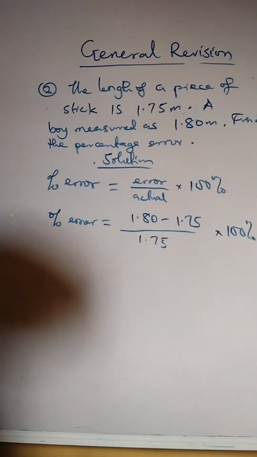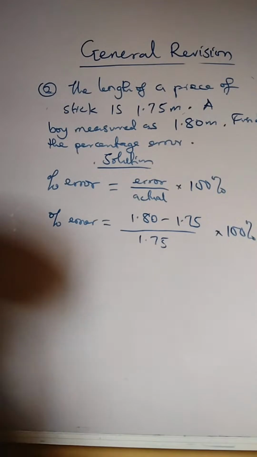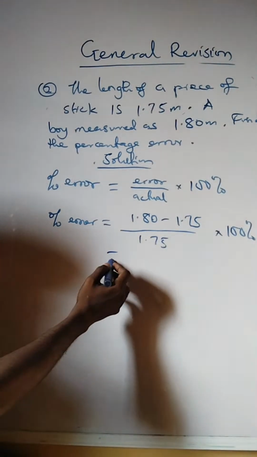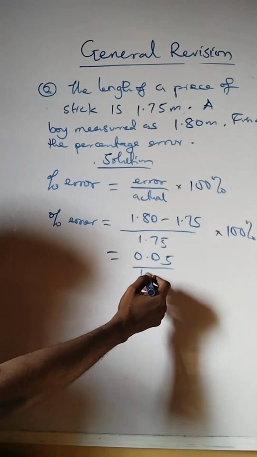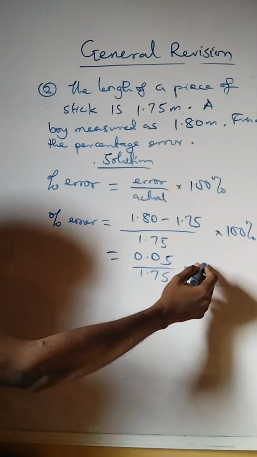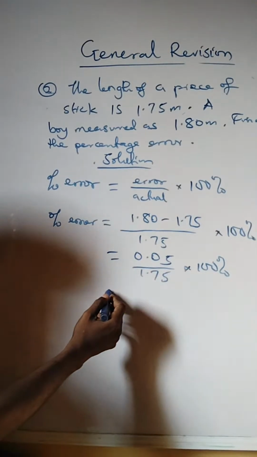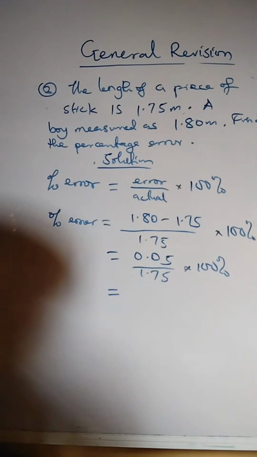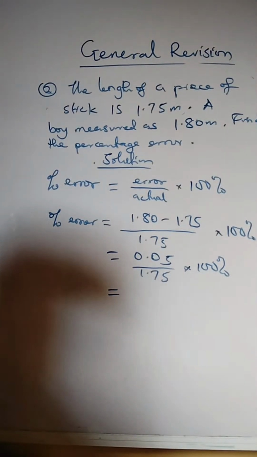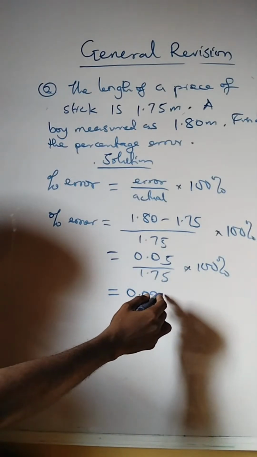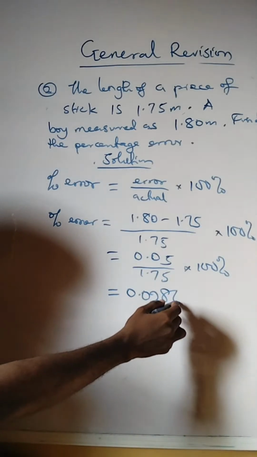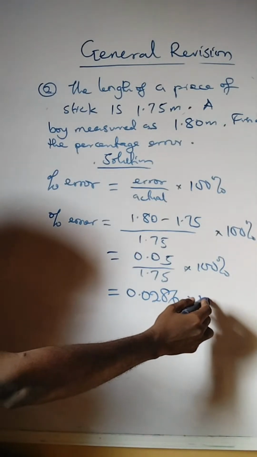Then when we solve this, we have 1.8 minus 1.75, which gives us 0.05, then over 1.75 times 100%. That is, 0.05 divided by 1.75 gives us 0.0286, times 100%.